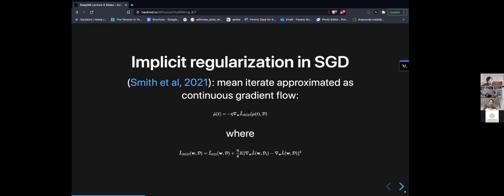In other words, you can approximate the evolution of the mean iterate of stochastic gradient descent as if it was gradient descent, but not on the original loss function, but on a modified loss function. And this equation down here shows how this loss function is modified. This loss function for stochastic gradient descent is the loss function for gradient descent, so this is if you run gradient descent without the gradient noise, plus the learning rate divided by 4 times what is essentially the variance of the gradients across different mini batches.